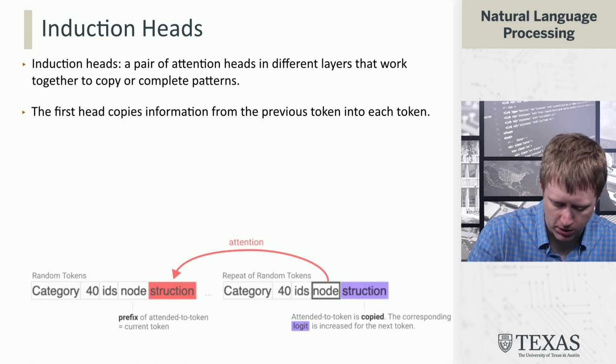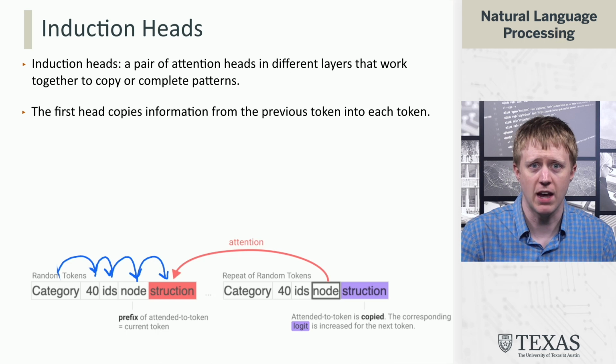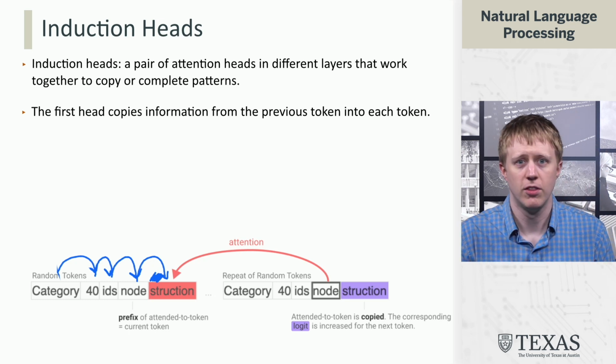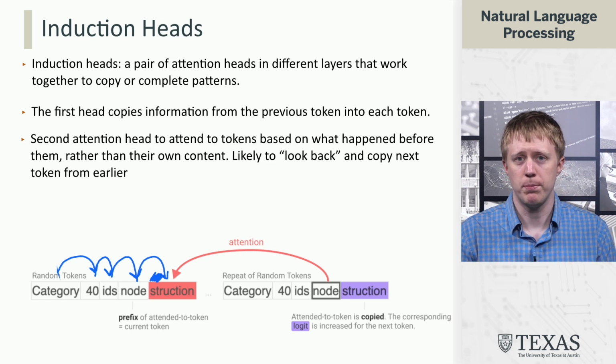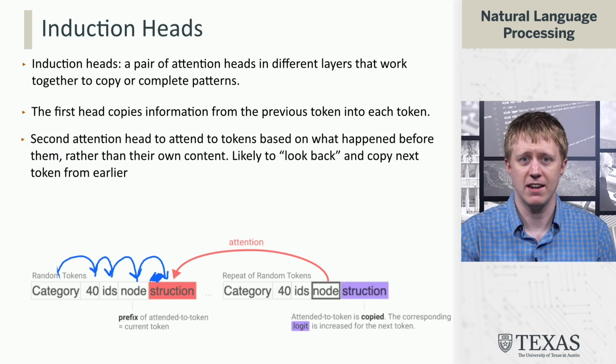The first one, which we're not really showing, is a head that just copies information from each token into the next token. So now the struction token kind of knows about the word node. Later on, when we're repeating the word node, that enables node to attend to struction.